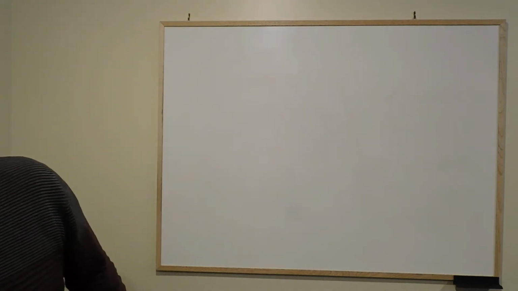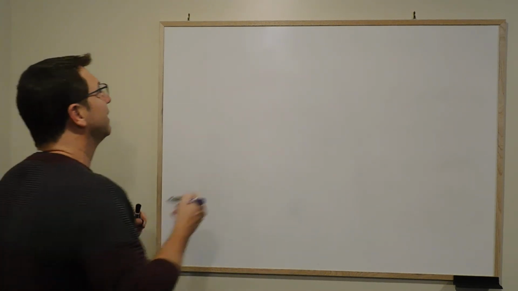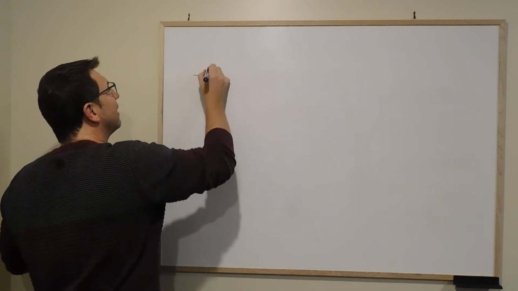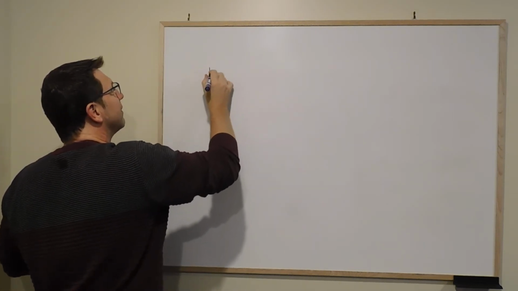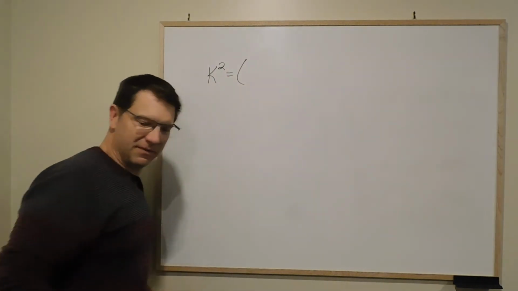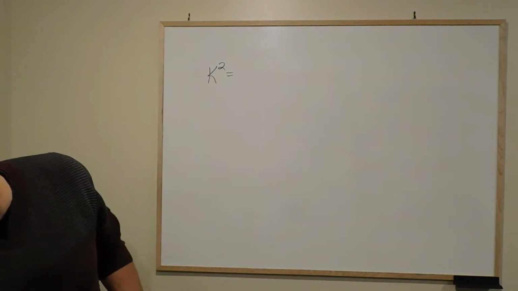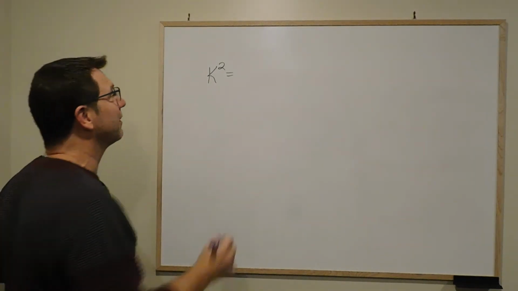All right, let's look at the next ones. Whoa, that was so long my computer almost shut off on me. All right, k squared equals negative 12 bracket k plus 3. The negative 12 is outside of the brackets, and then k plus 3.